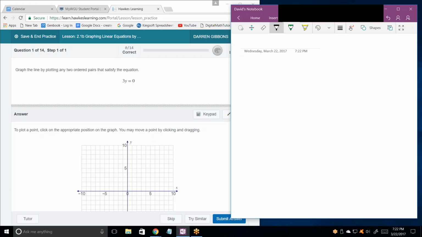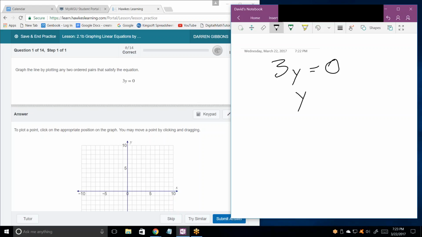Our equation is 3y equals 0. There's a rule in algebra that says that if you multiply two things together and they're equal to 0, one of those things has to be 0. So y has to be 0.